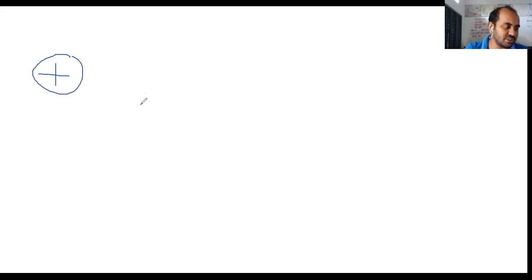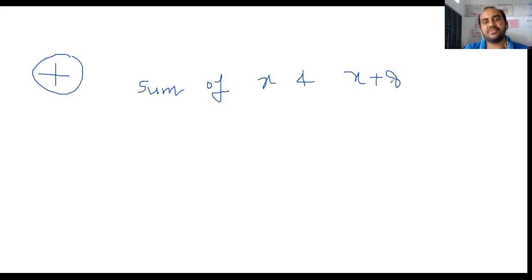For example, we know the sum of 4 and 6. Similarly, if there is one term here, what is the sum of x and x plus 8? This is question number 1.